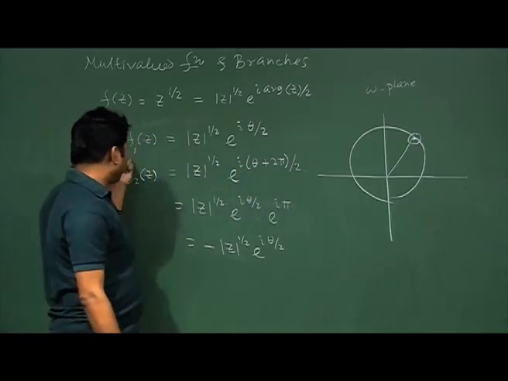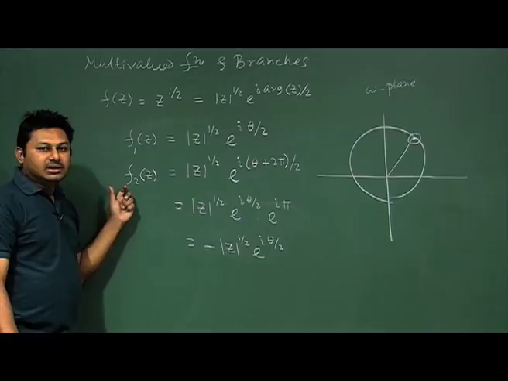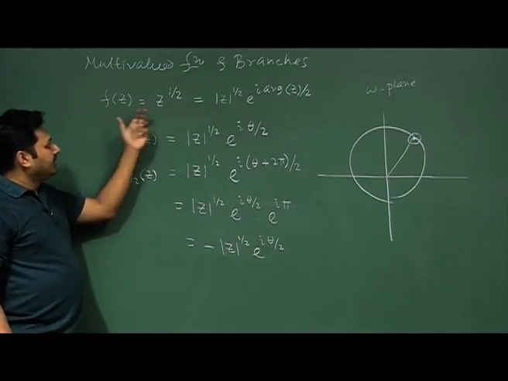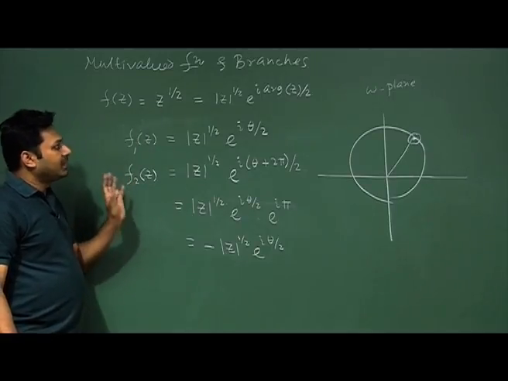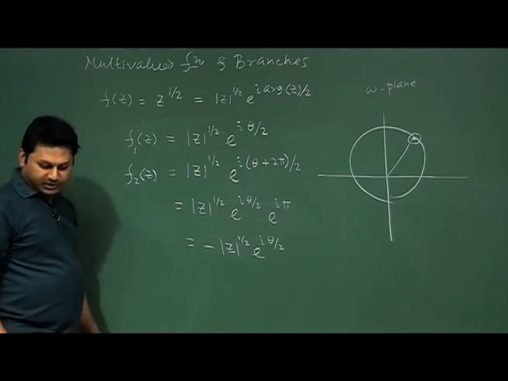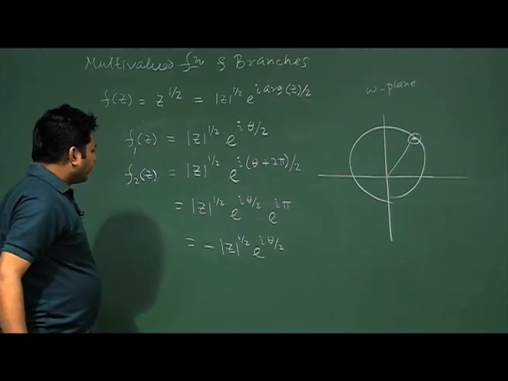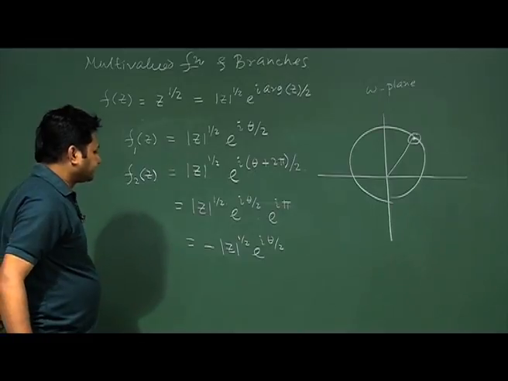So, there are two branches because of which I get two different values for a given function. That is why this is called a multi-valued function. I will come to the multi-valued function more, but let us try to understand these basic things.